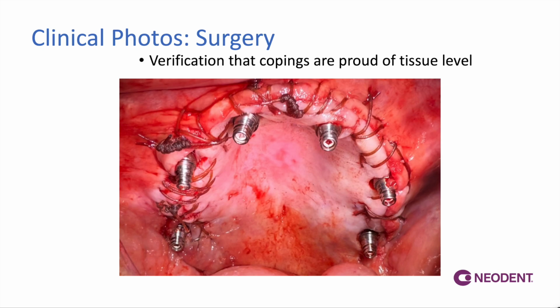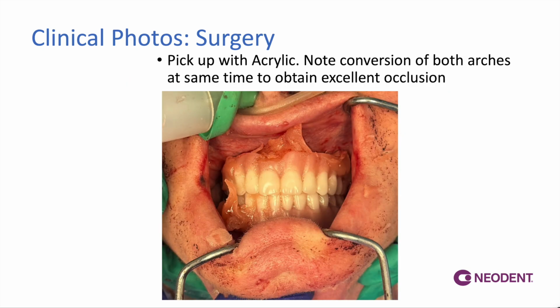So we want to make sure that our verification copings are proud of the tissue level. If you want to find out more about that, please watch my webinar on pearls of the Neoconvert system and how we need to thin and trim our tissue, and the tissue needs to be very tight. We do not need our tissue swallowing our Neoconvert copings.